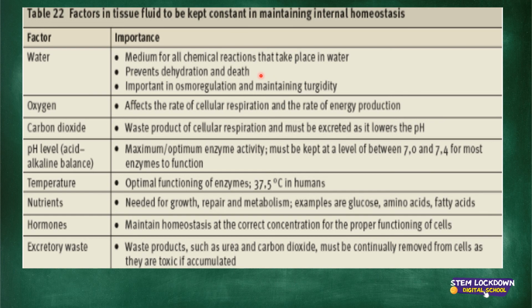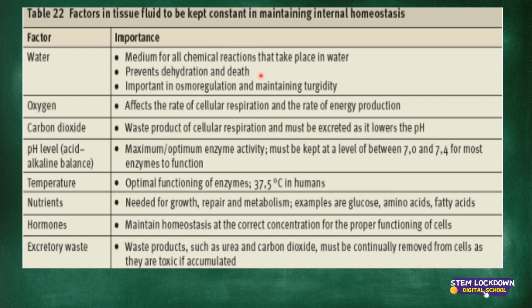So we discussed how in the kidneys those hormones are involved in regulating water, which is the ADH, right? ADH and the aldosterone. Aldosterone is there in ensuring the salt concentration in the body.